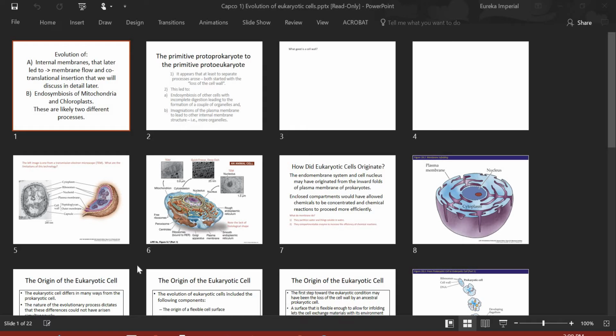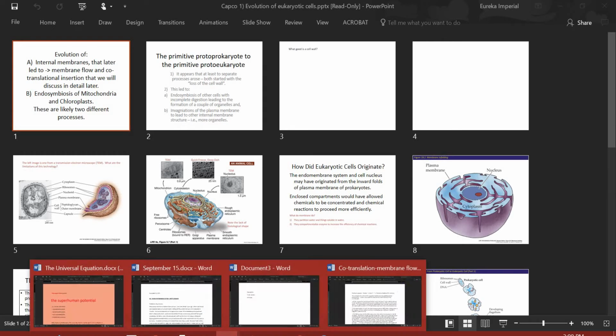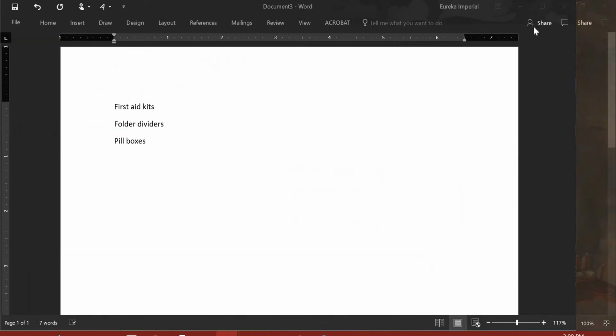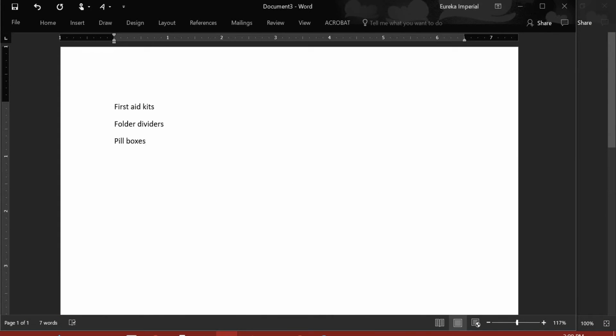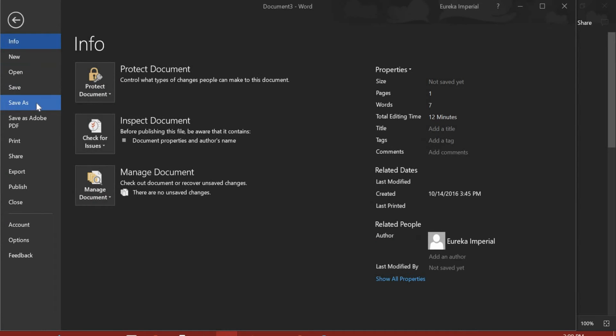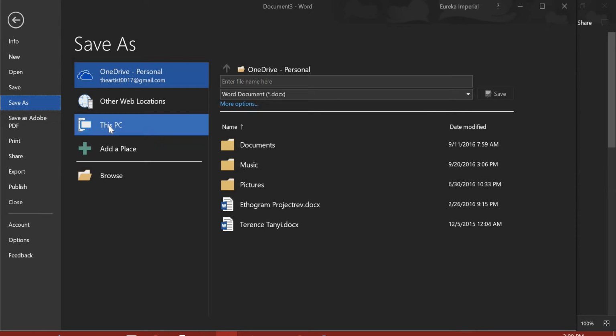Does anyone know in advance what the endomembrane system is? How about the young lady right back there with that straw? Do you know what the endomembrane system is? What's it composed of? It's okay if you don't, but I wanted to hear it.